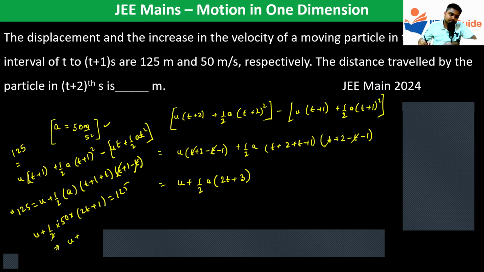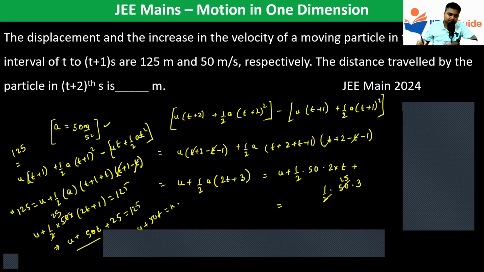So u plus 50t plus 25 is equal to 125. Now here it is going to be u plus half into a, which is 50, into 2t plus half into 50 into 3. So u plus 50t is 100. So this is u plus 50t, which is 100, plus 25 into 3, 75, which is 175.